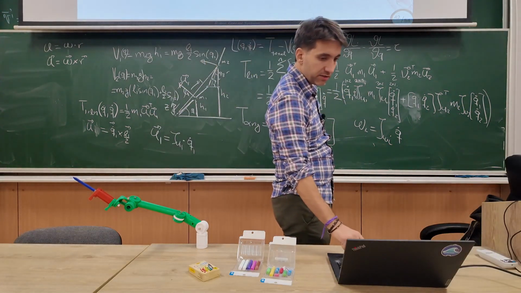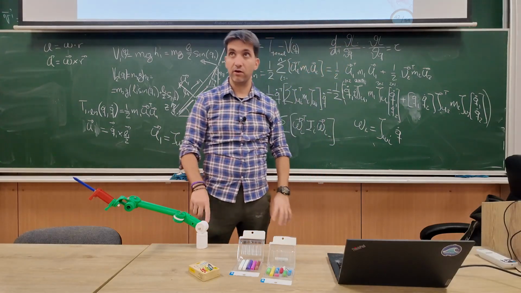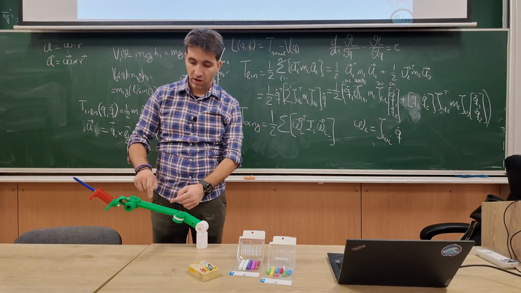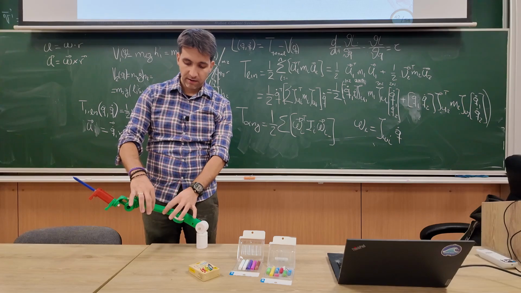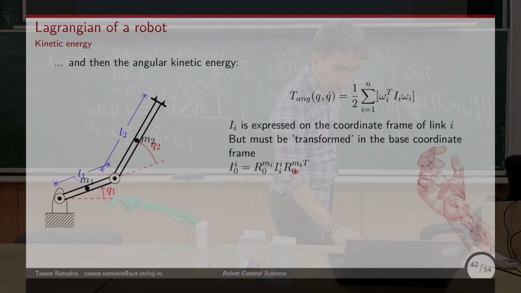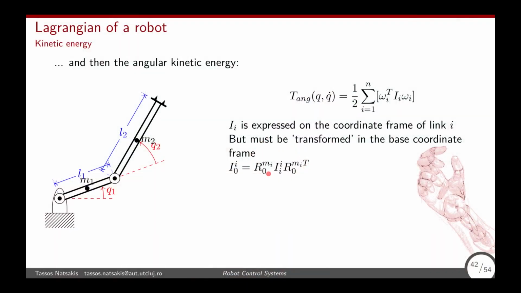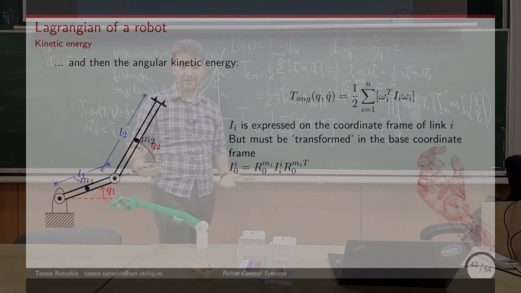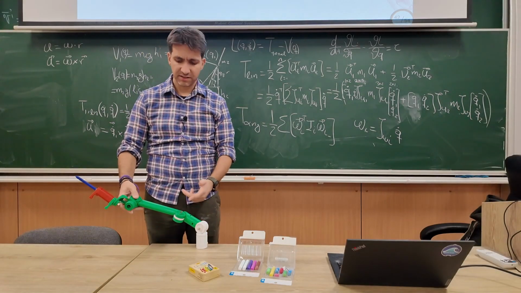So this is R_0^i, the orientation part of the transformation for that link with respect to the base frame. I do this operation so that I transform the moments of inertia from its own frame to the reference frame. It has to do with the actual rotation.